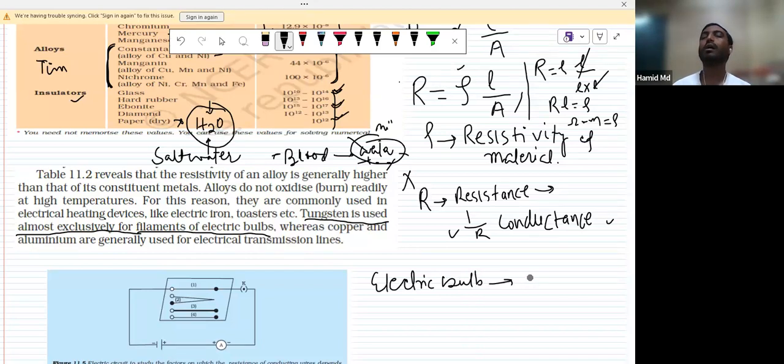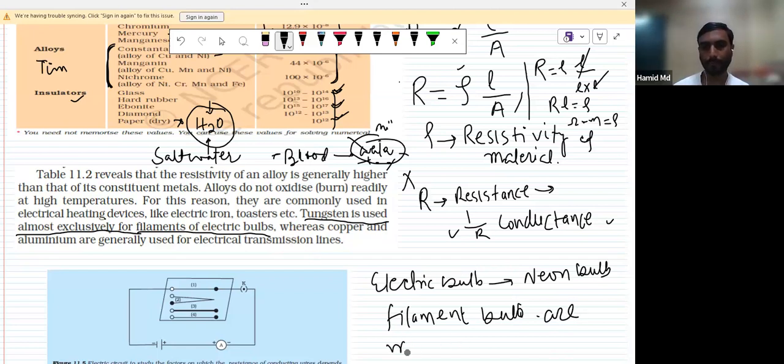That's a neon bulb, neon bulb or filament bulb, made up of tungsten.